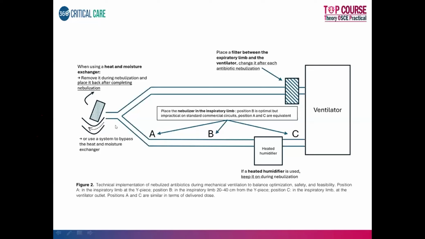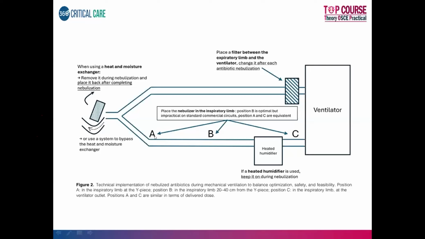Now, they told that three important positions can be used. If you see here, A, B, and C. So this is the ventilator. Here you will have a HME filter in the expiratory limb, and in the inspiratory limb, you will have a heated humidifier. So, three positions.